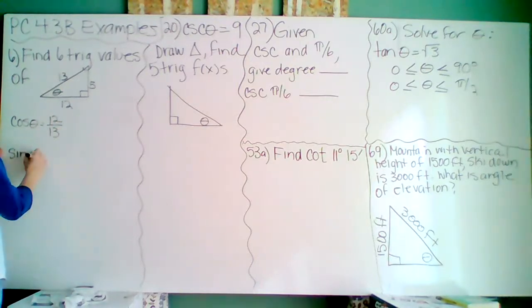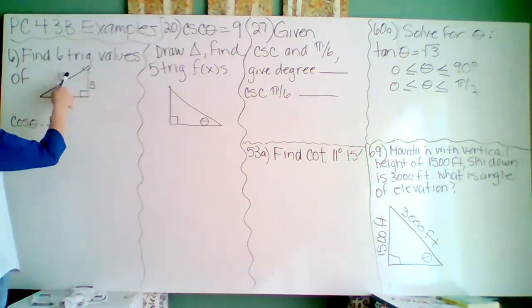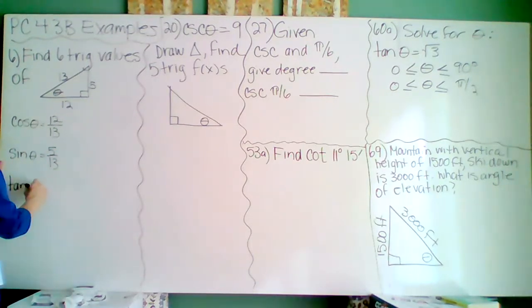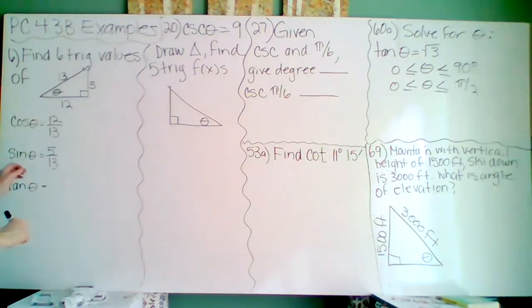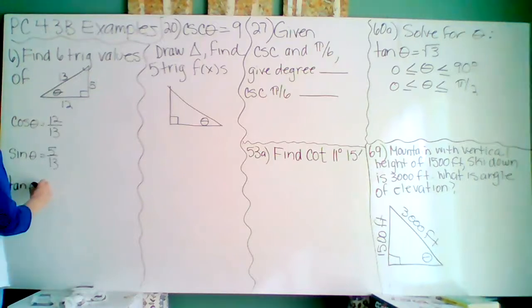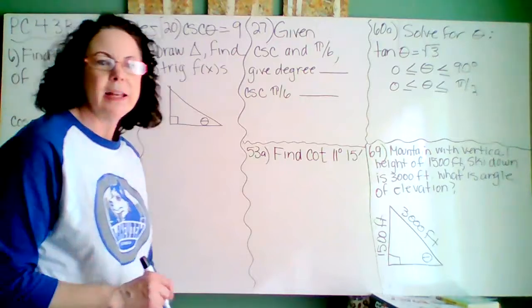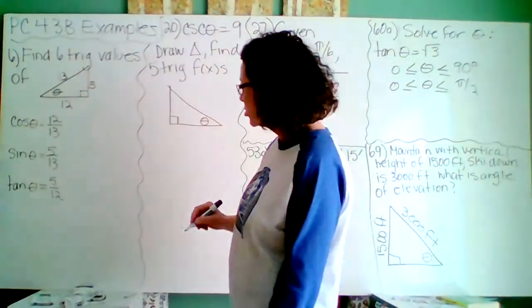Sine of theta is opposite over hypotenuse, and tangent of theta, which by the way is sine divided by cosine, is opposite over adjacent, 5/12. Now we can move on to find the values of the reciprocal functions.